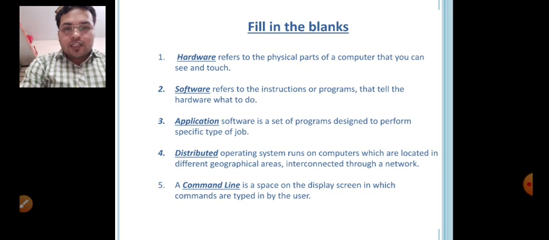Next, dash operating system runs on computer which are located in different geographical areas interconnected through a network, that is known as distributed. And last one, a dash is a space on the display screen in which commands are typed by the user. It is known as command line.